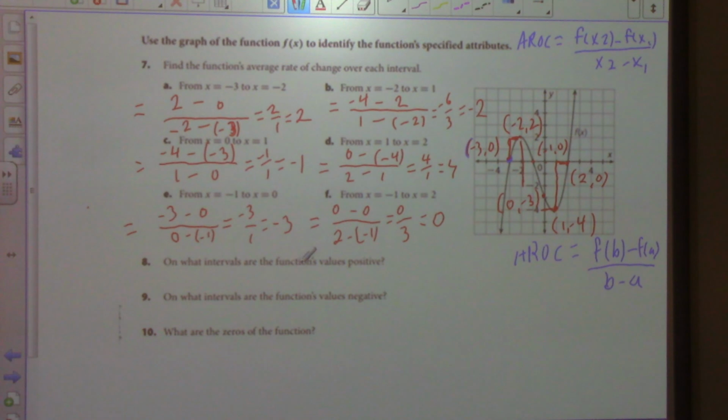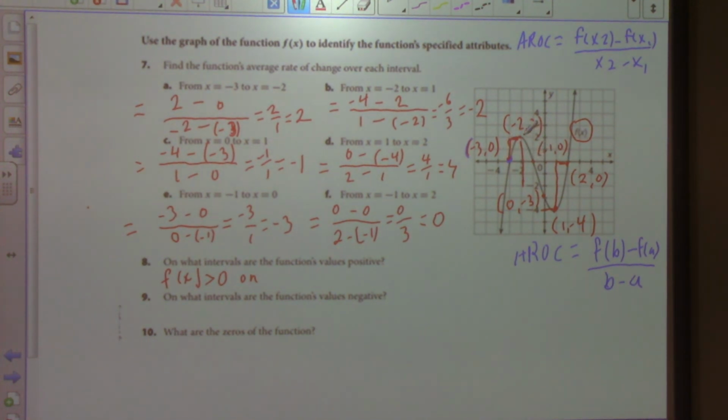Now, on what intervals are the function values positive? That's 8. We're given f of x here in the notation, so we're going to say f of x is greater than 0 on what intervals? Where do we see the function values positive?